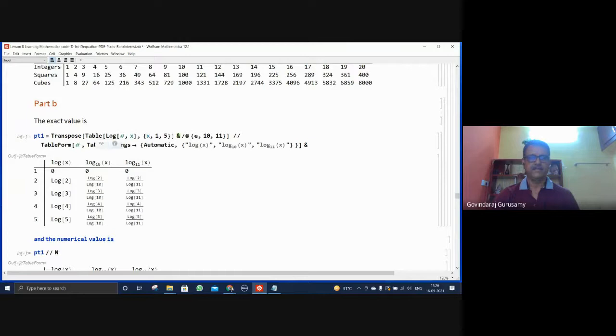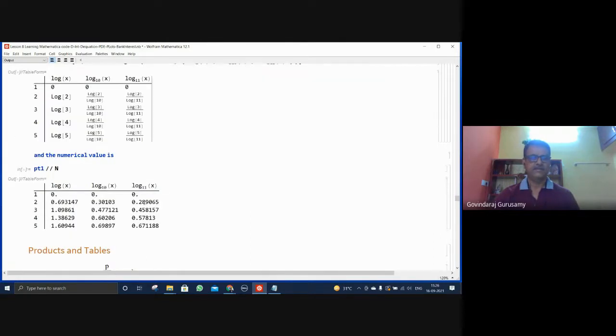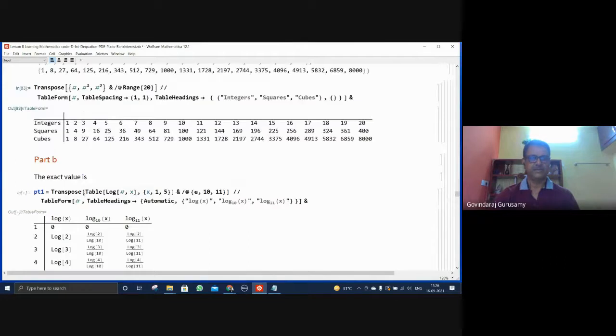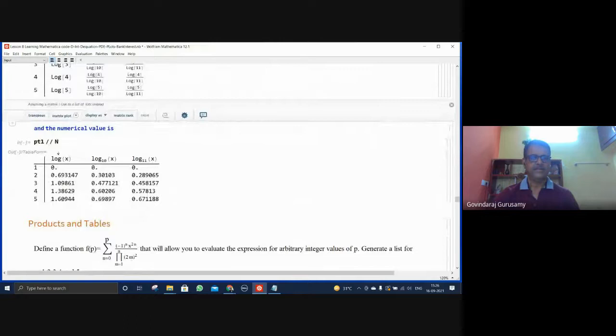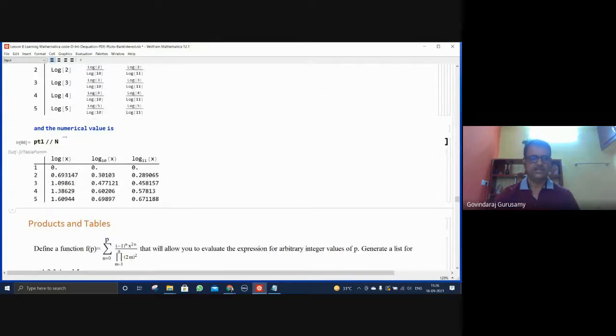First one is the natural log, then 10, then 11. You can see that it has been applied here. Of course, we have given it in transposed form, so that's why 1, 2, 3 is here. Then you have log base 10 and log base 11. Numbers are available. If you want a numerical value, put this. That is easy to do. Take it and apply N for numerical. Yes, done.